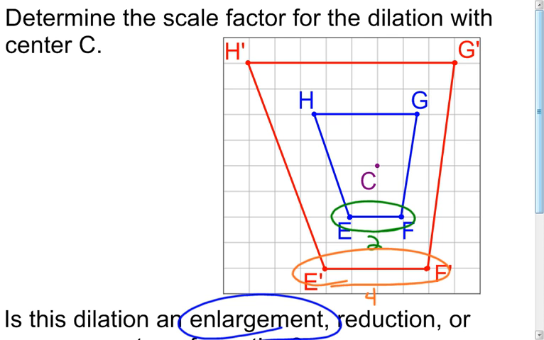So I'm going to go with 4 over 2, which gives me a scale factor of 2. So the red is twice as big as the blue, or all the points on the red quadrilateral are twice as far away from the center as the points on the blue.